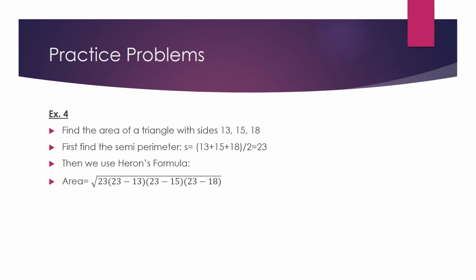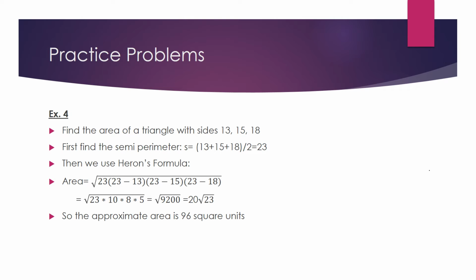You multiply 23 by each of the 3 values that are the semi-perimeter of 23 minus a, b, and then c. This gives us 20 radical 23. So the approximate area is 96 square units.